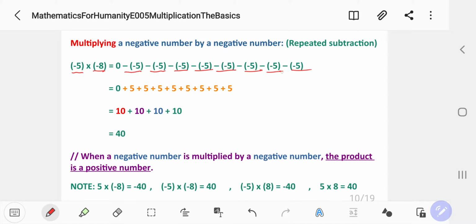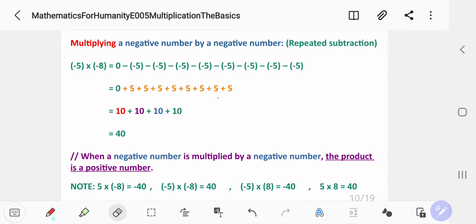But then this one, in the previous lecture, you can write as positive 5. And for all the rest, you can write plus 5, plus 5, plus 5, plus 5, plus 5, plus 5, plus 5. So you're adding 5 eight times.